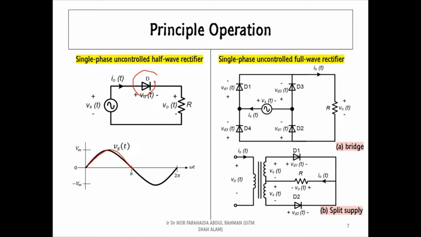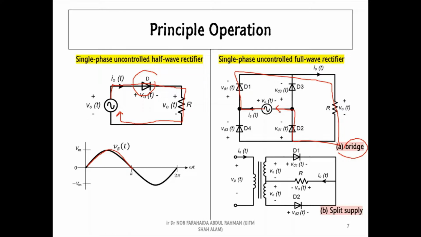Hence, it creates a closed-loop circuit to conduct current from the source to the load. Meanwhile, in the bridge rectifier, diode D1 and D2 are in forward bias. Thus, current can flow from the source to the load.